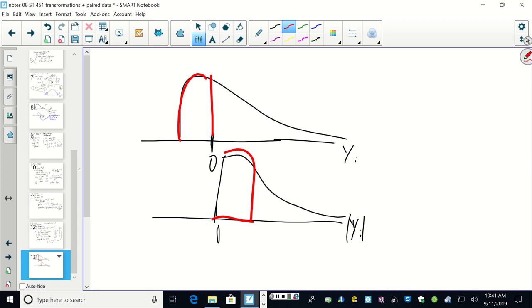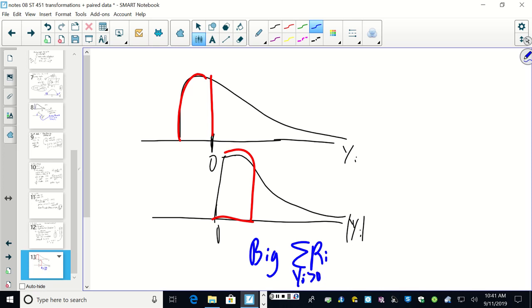But then on the rank scale, all the ranks for the negative ones are going to be kind of small, and the big ranks are for the positive ones. So you're going to get a big sum of the ranks where yi is greater than 0.